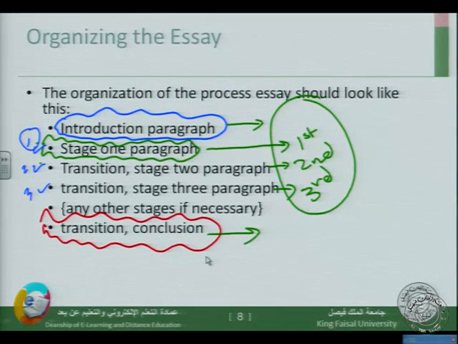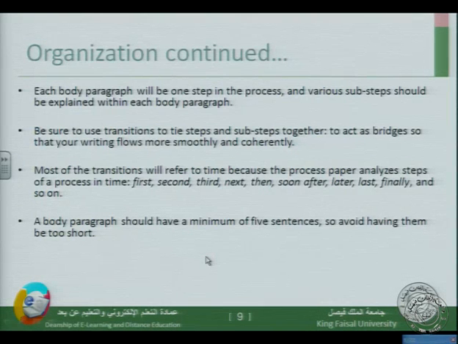And within each step, you need to have some examples, details. Be sure to use the transitions to tie, what does tie mean? To connect steps and sub-steps together, to act as bridges so that your writing flows more smoothly and coherently.